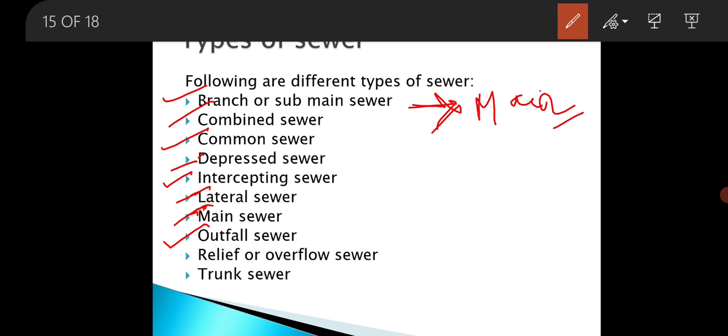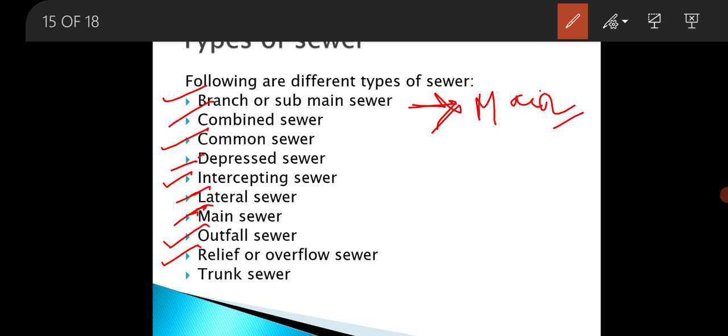Then outfall sewer. The length of main sewer between the connection of the lowest branch and the final point of disposal is known as an outfall sewer. Then relief or overflow sewer.